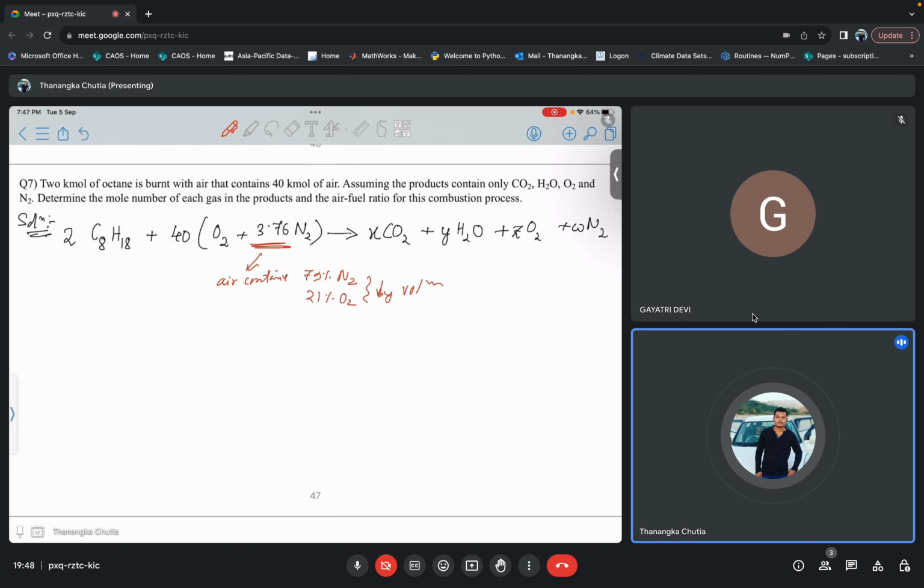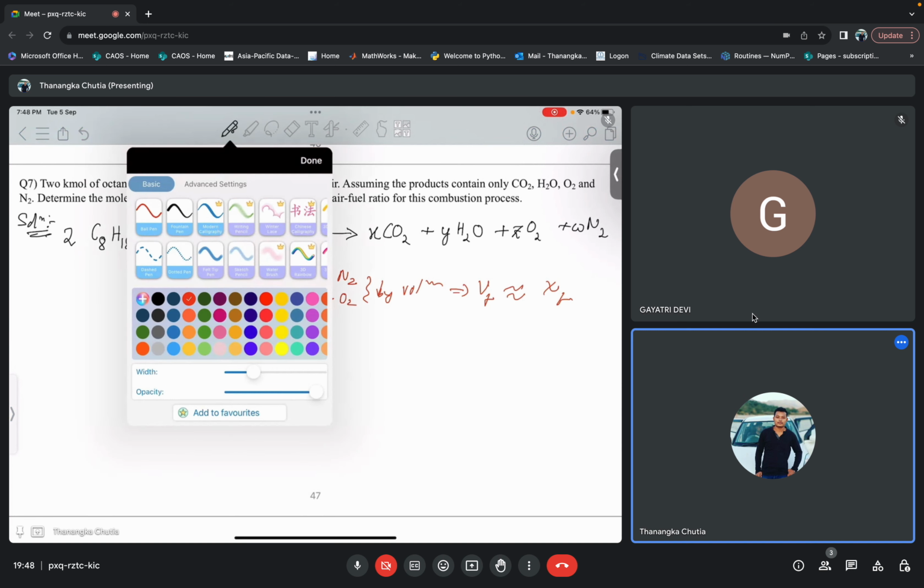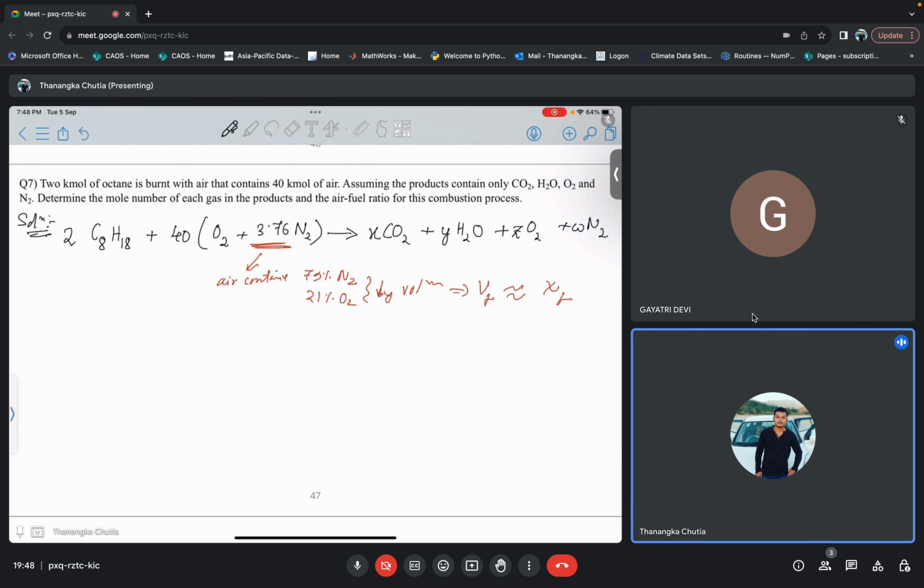Volume fraction is approximately equal to the mole fraction, so if you do this you will get 3.76. Now our idea is to find the values of X, Y, Z and W.